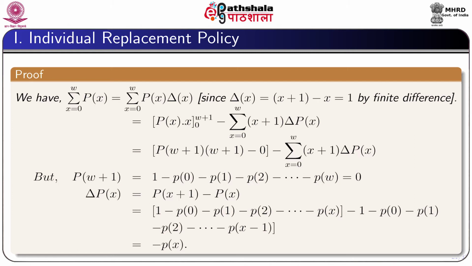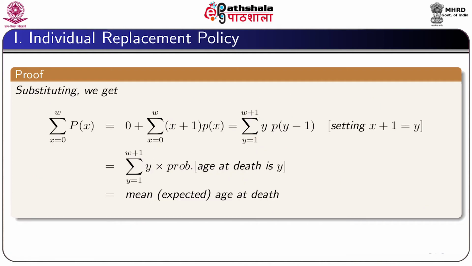Similarly, we can calculate delta P x, which is P x plus 1 minus P x. Substituting the values of P x plus 1 and P x, we get delta P x is equal to minus p x. Putting this result in, we get summation x equal to 0 to w capital P x equal to summation x equal to 0 to w x plus 1 into small p x, which is equal to summation y equal to 1 to w plus 1 y into p y minus 1, if we substitute x plus 1 equal to y.